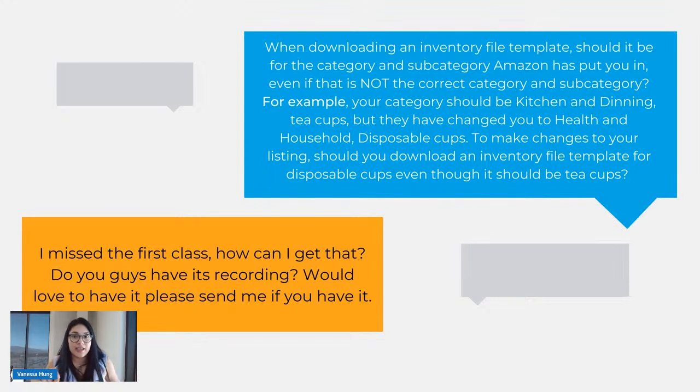The question there is in what subcategory you want to place your item, and that is not solved through a flat file. You need to solve this through seller support. But if you have a flat file with attributes for both teacups and disposable cups, you are getting the most attributes and a bigger range of possibilities on what information you can put there.